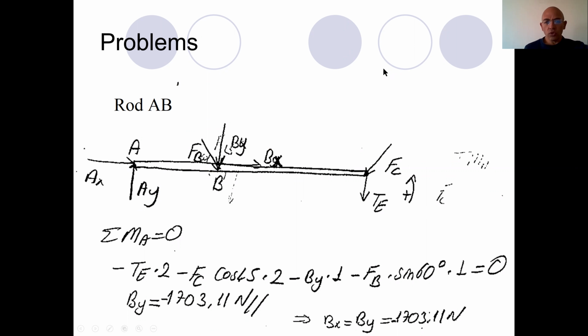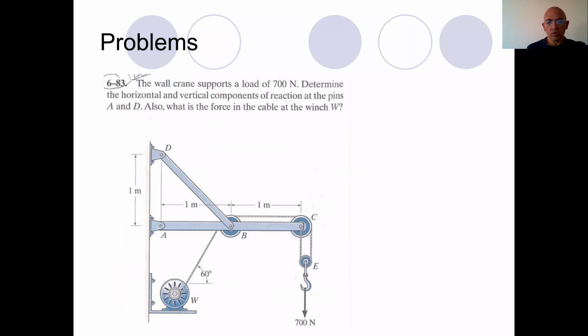Now let's focus on the rod AB. Let's return back to the figure. So now first we look at the AB.